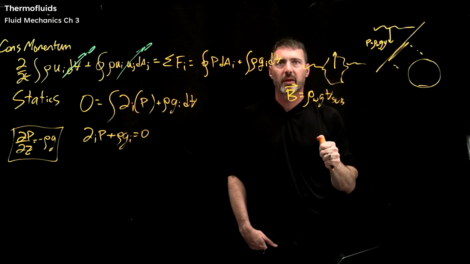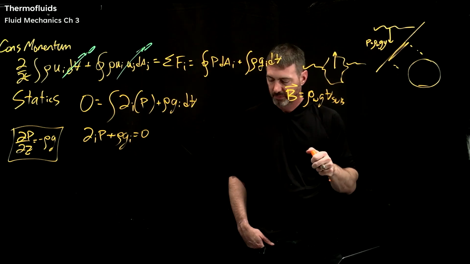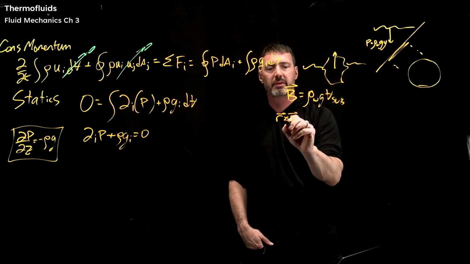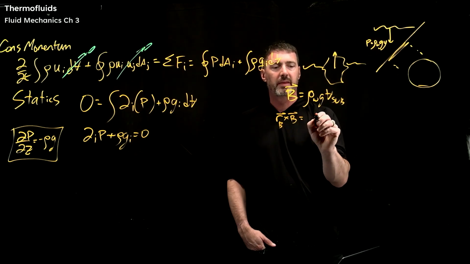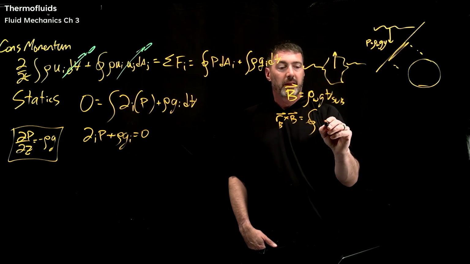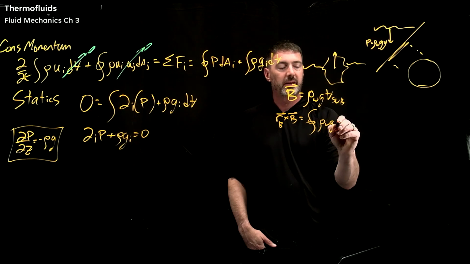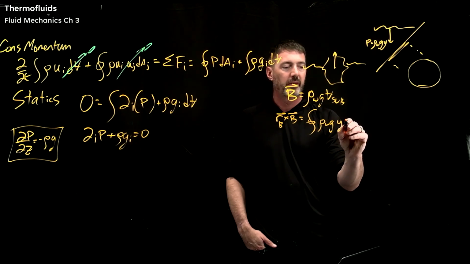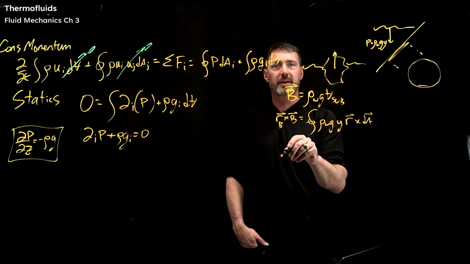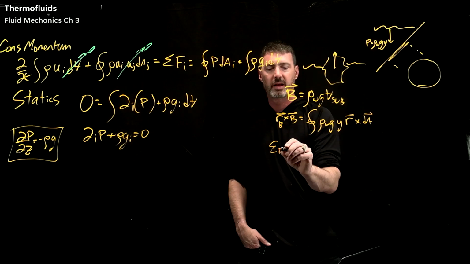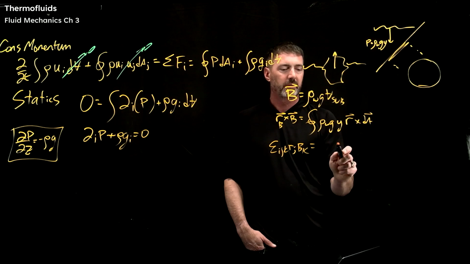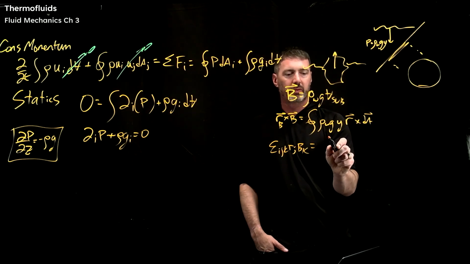But you can actually go back into this with conservation of angular momentum. You could take a look at r cross b, with some center point, and this is again the contour integral of rho water g, the depth, which is where we got a pressure from, and then r cross dA. And remember, we're now in index notation, so I can rewrite that as epsilon_ijk r_j b_k, and then we can turn this into a volumetric integral.